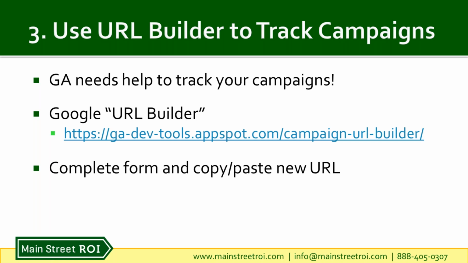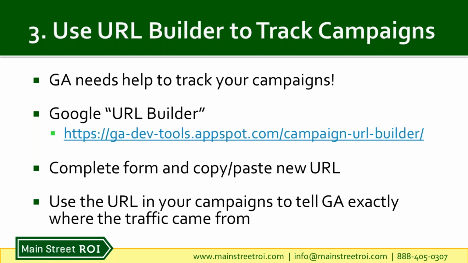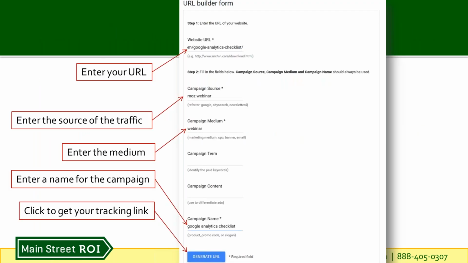And then what you're going to do is fill out the form, which I'll show you in just a minute, and it will give you a new URL that you can use. You just copy and paste that URL, and then you use that URL in your marketing campaigns to, again, tell Google Analytics exactly where the traffic came from.